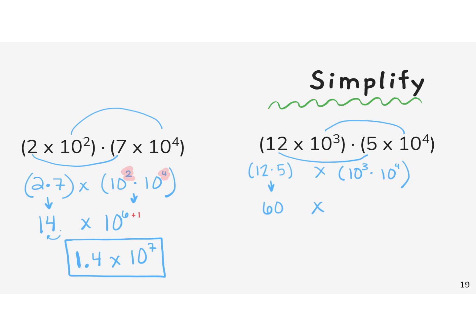And then this becomes, we have 3 and 4. So we're going to have 10 to the power of 7. So we know our decimal is here. We're going to move it over that way, which is going to be a plus 1. So we're going to have 6 times 10 to the power of 8.